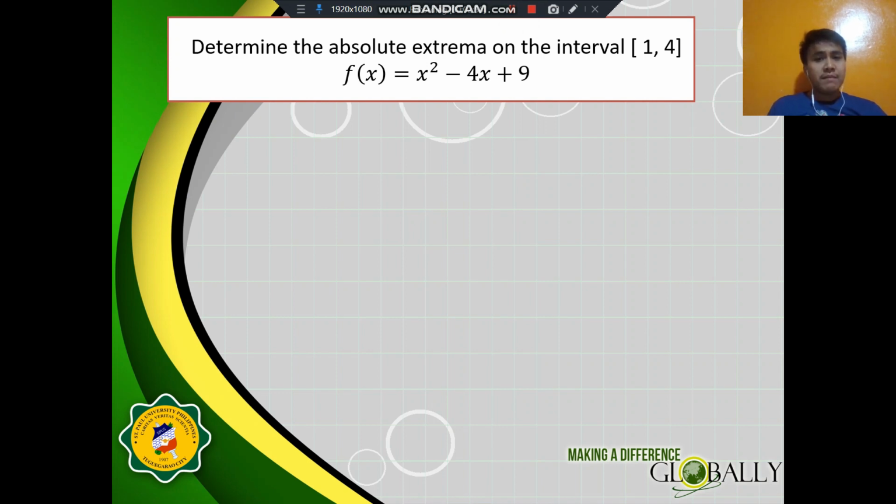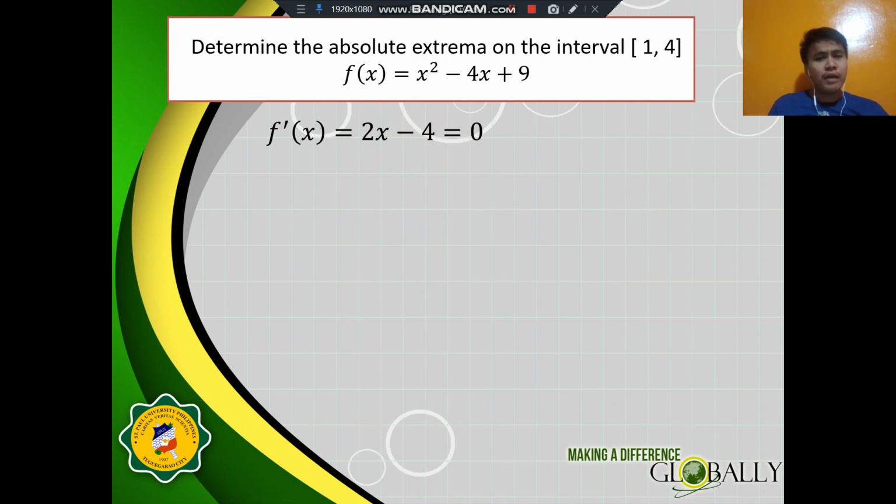So let's determine the absolute extrema on the interval [1, 4], where the function f of x is equal to x squared minus 4x plus 9. Let's start by determining the critical numbers or critical value of this given function by getting its derivative. Based on the equation, we have the derivative 2x minus 4, and let's equate this to 0.